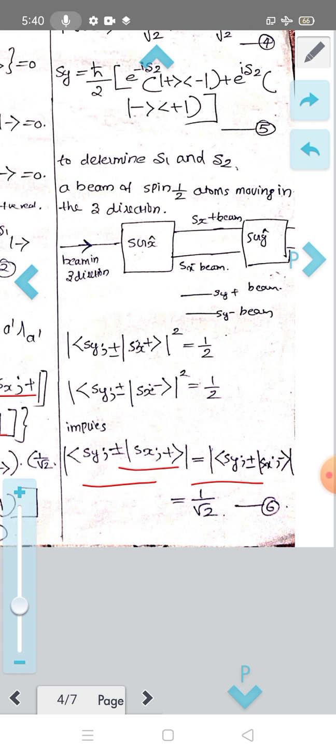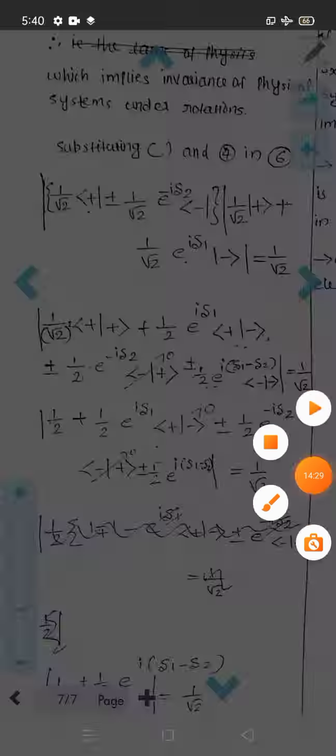So the physical system under rotation is invariant, which is 1/√2. We got the constant value.